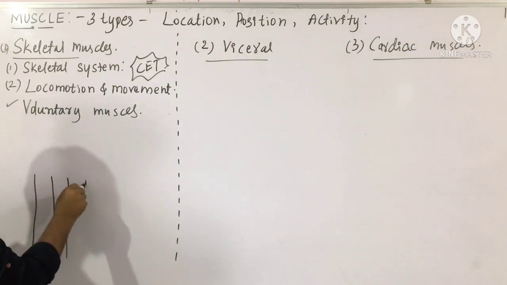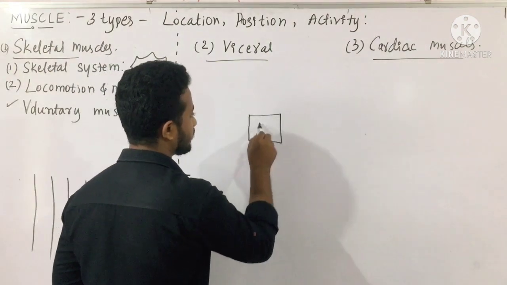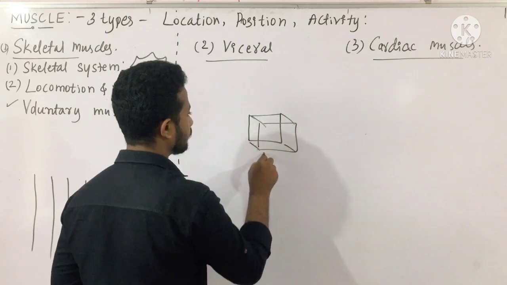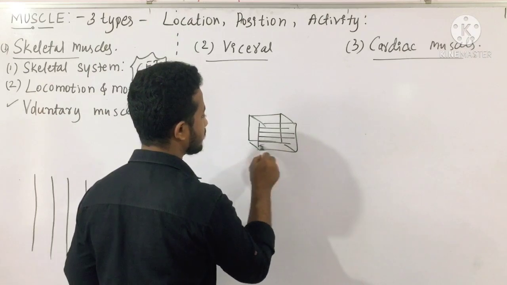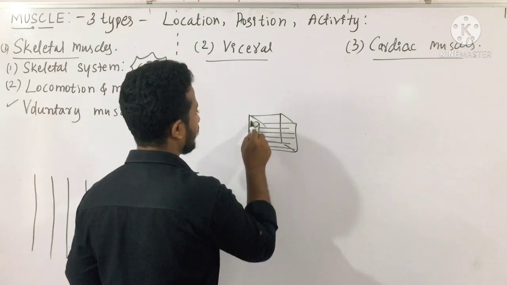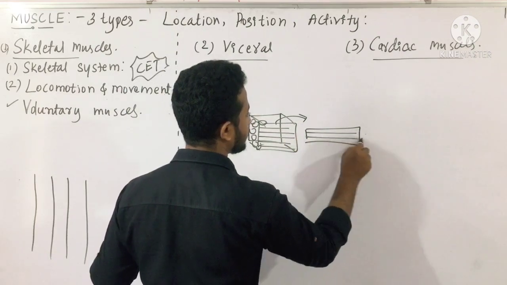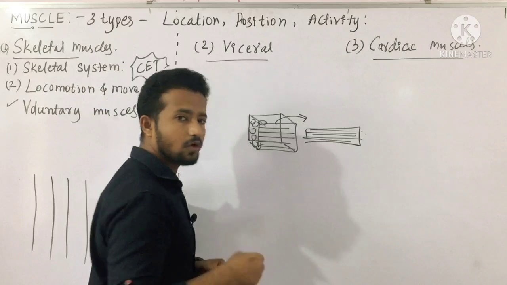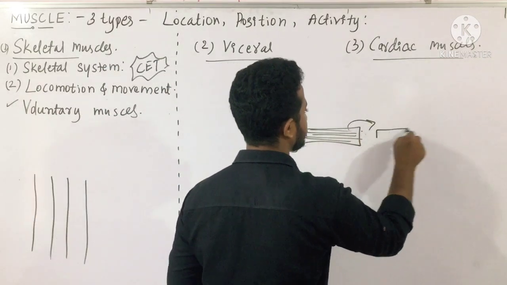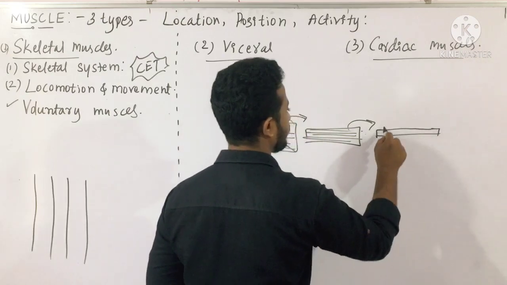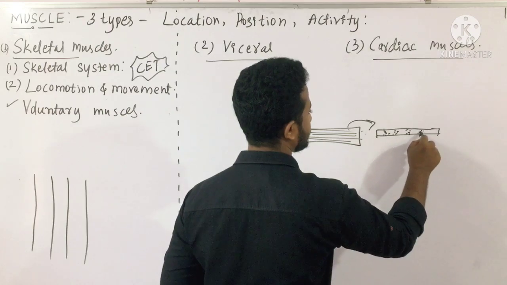When you look at the structure of skeletal muscles, consider this a muscle piece. In this muscle piece, you find a number of muscle bundles, and we can take a single muscle bundle. Even though there are many small bundles present in it, if we take a single section of that muscle bundle, we find alternate patches of dark and light bands here and there.